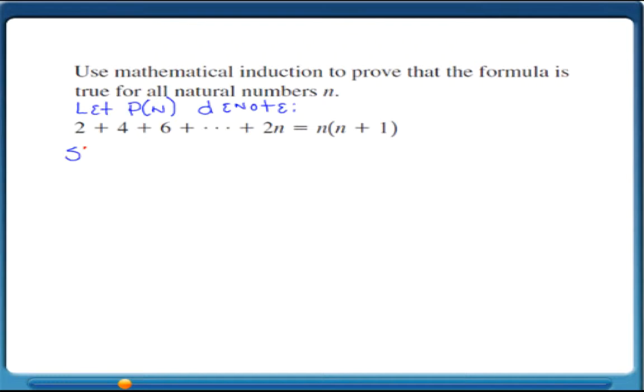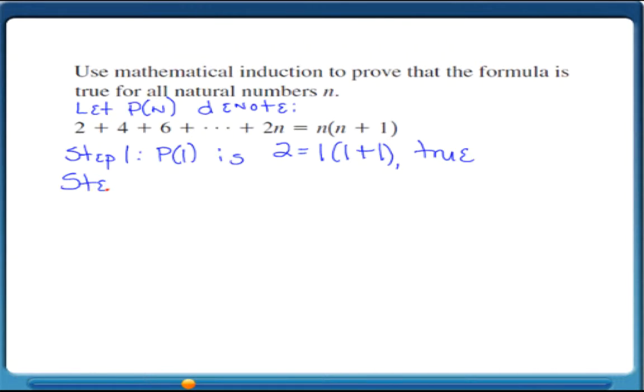And then step 1, P of 1 is the statement that 2 equals 1 times 1 plus 1, which is true.